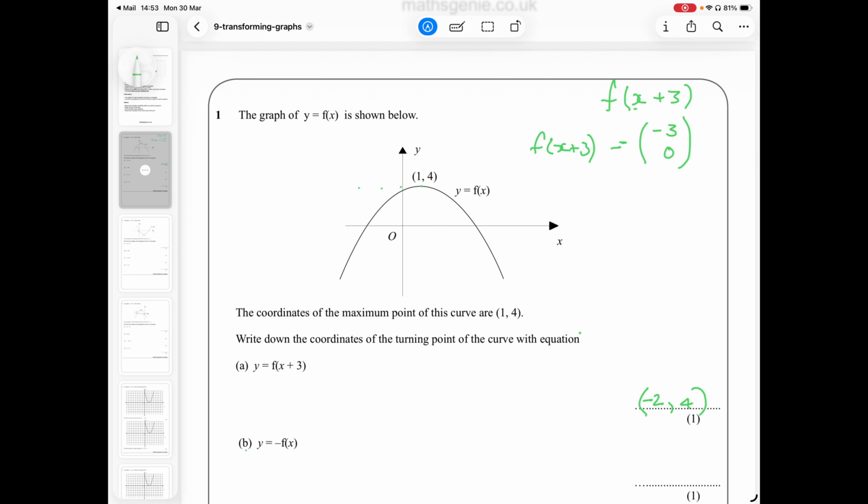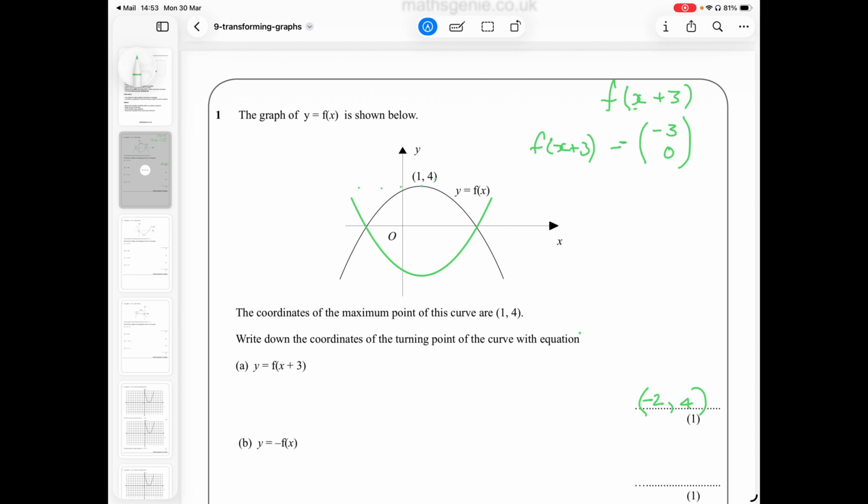Okay, now for this one, y equals minus f(x). So it's not going to affect the x. We're not going to be flipping it across the y because that would be in the brackets. But what we are doing is we're flipping across the x-axis. So it means that we're going to be going like this for this one because we're minusing.